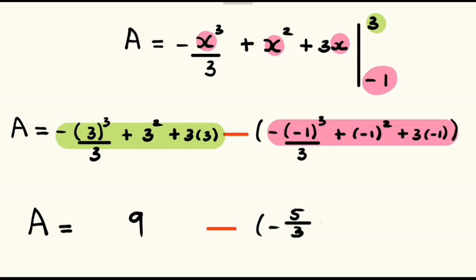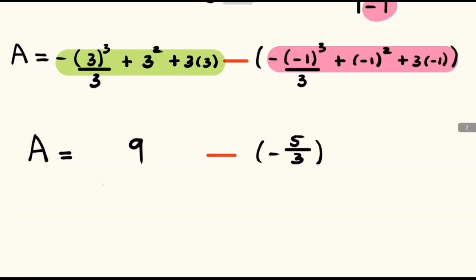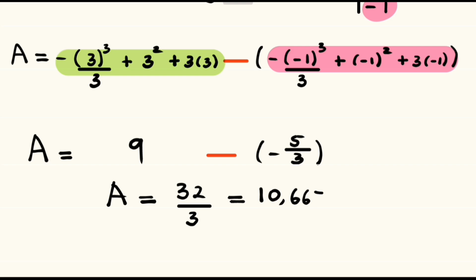And our area will be equal to 9 minus 5 over 3, which is equal to 32 divided by 3. In decimal form, this will be equal to 10.667. Our area is calculated in square units, but we were not given any SI unit, so we use unit square.